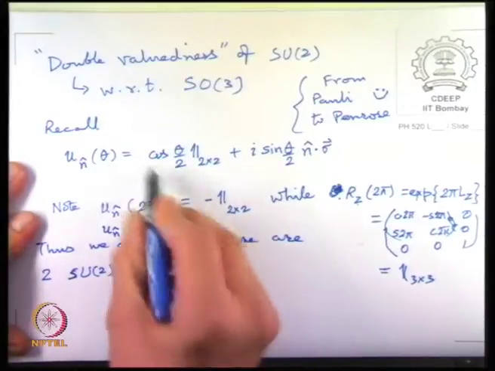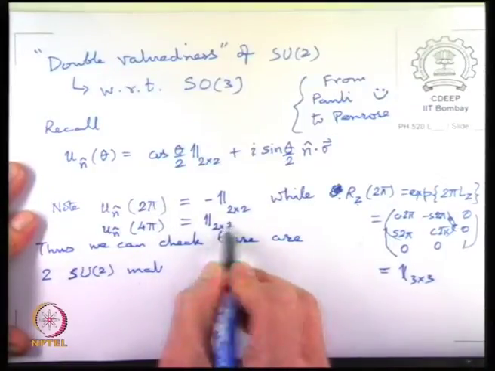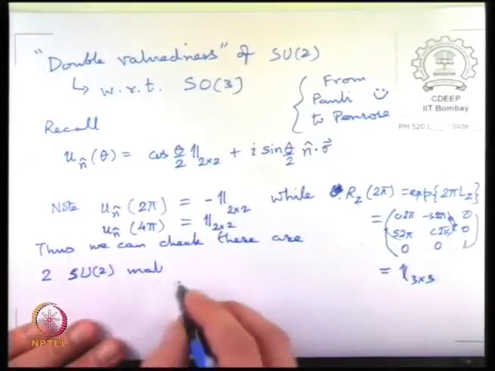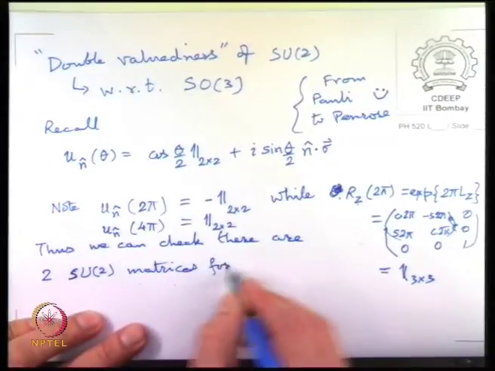If you put 4 pi, then you will get back identity.